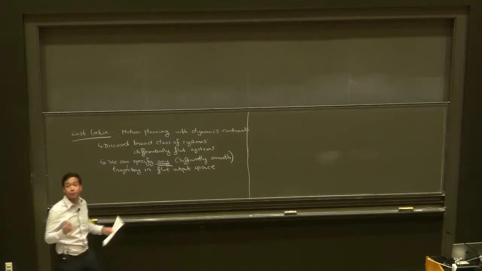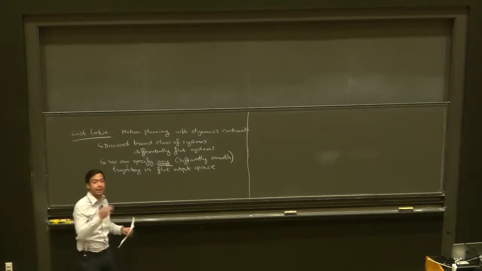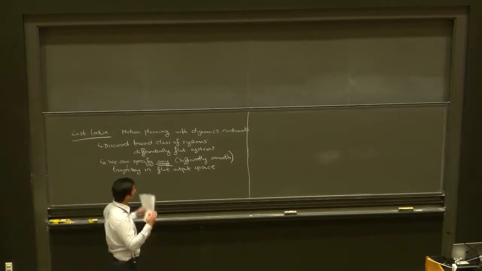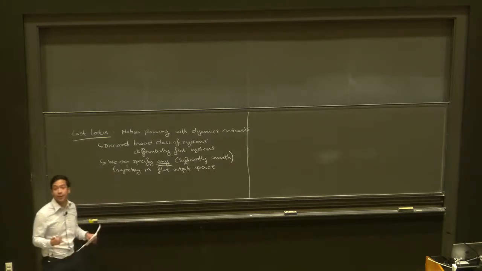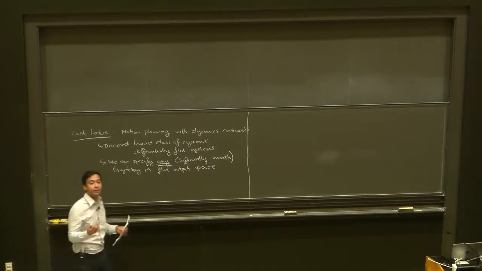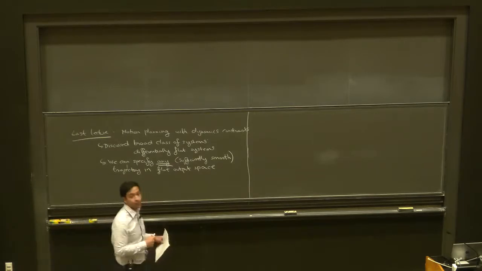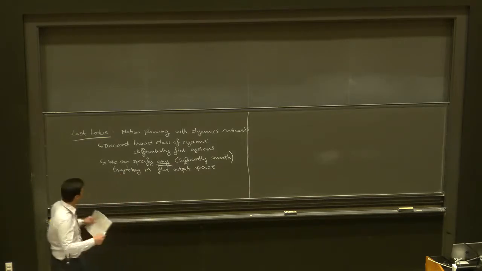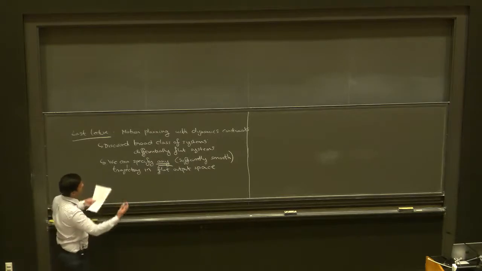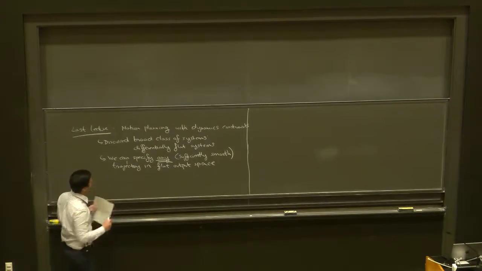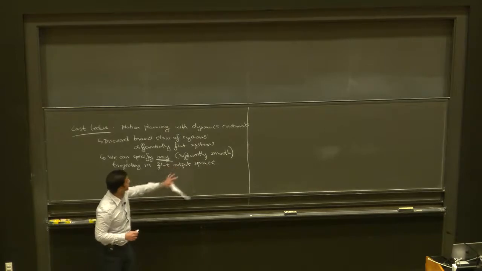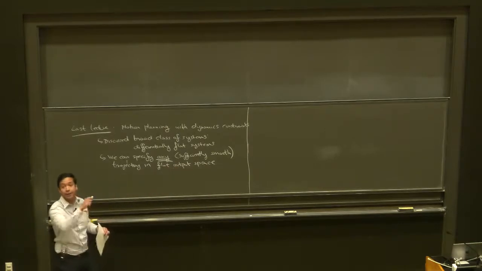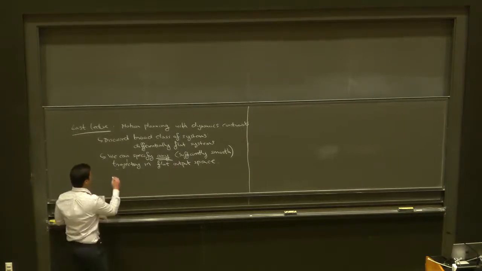For the full 3D quadrotor, the flat output space is X, Y, Z, and yaw. In general, the dimension of your flat output space is the same as the number of control inputs that your system has. So if your system is differentially flat, we can specify any sufficiently smooth trajectory in the flat output space, and we can do two things.